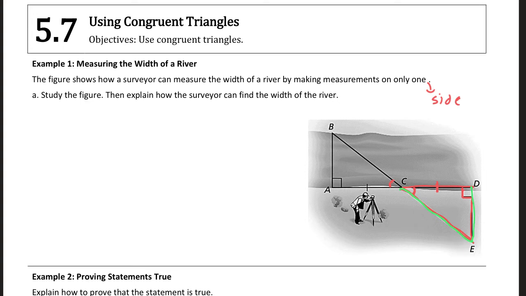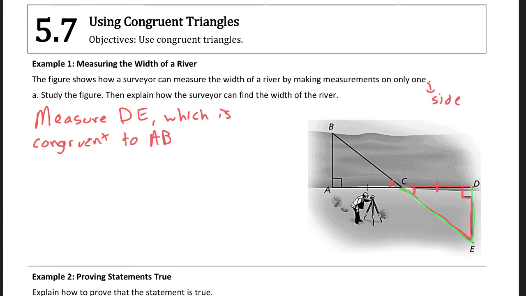So it's seeing where we can assume ASA in this diagram. So we measure DE, which is congruent to AB.